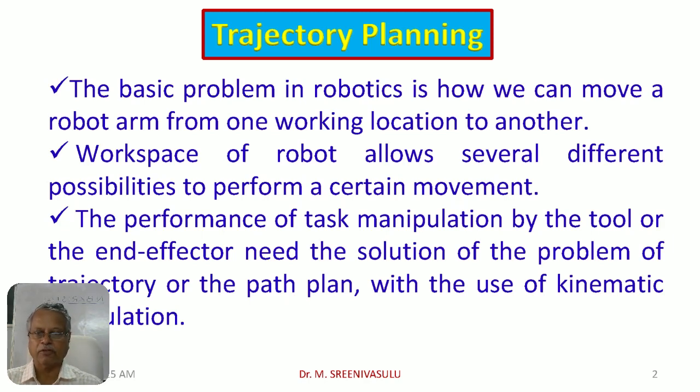Say for example, you have 2 points A and B. You are trying to move between points A and B. There may be thousands of possibilities, but we have to select the appropriate one. Only then will we be able to complete the task in an effective manner.